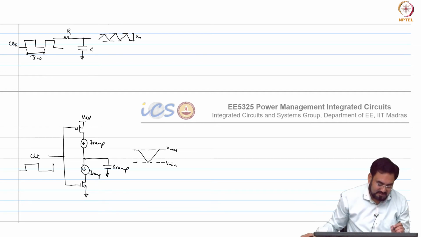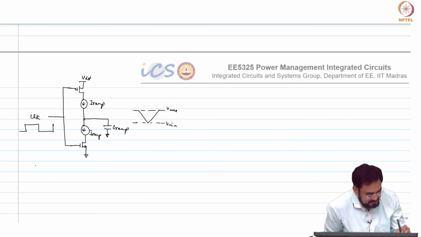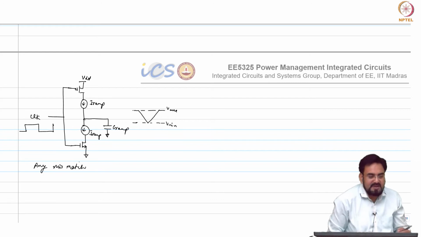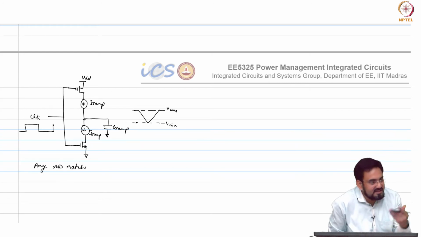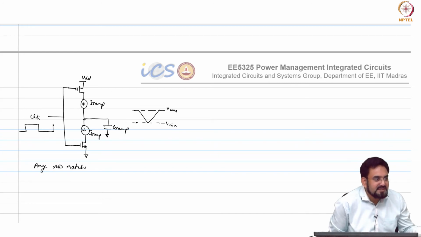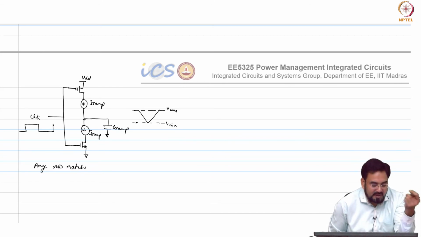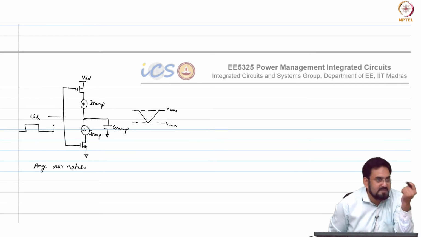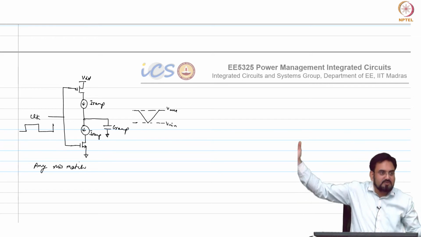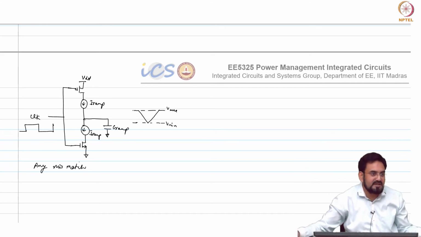Okay. And we cannot perfectly match. I mean, if you can match, then that won't be a problem, but that is impossible. Even if you have, let us say, 1 microamp current, and even if you have a 1 nanoamp mismatch, that may get integrated, even though it will take a long time to saturate, but it will saturate, maybe after a few seconds it may happen.